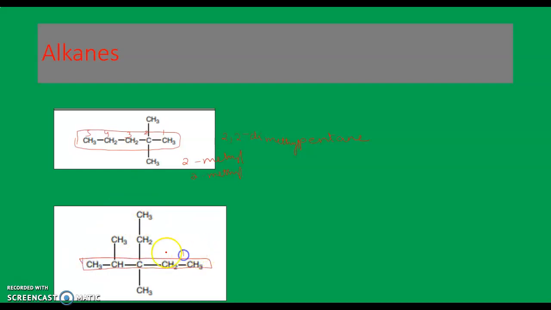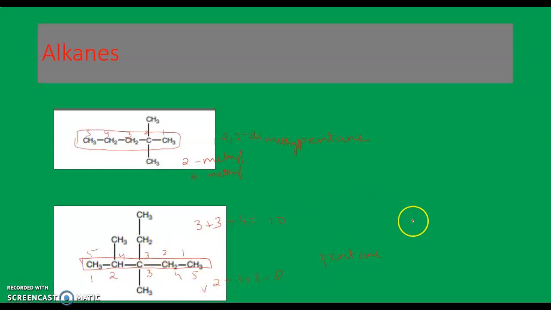If I number it from this side, I've got position 3 with 2 substituents, and a substituent at position 4, so the total is 10. Whereas if I number it from this side, I've got 2 plus 3 plus 3, that's 8. So I would pick this numbering.